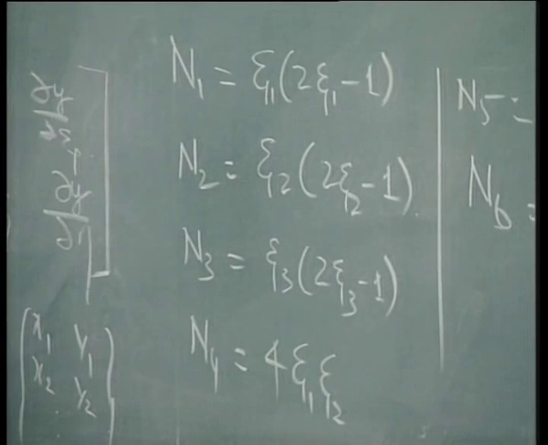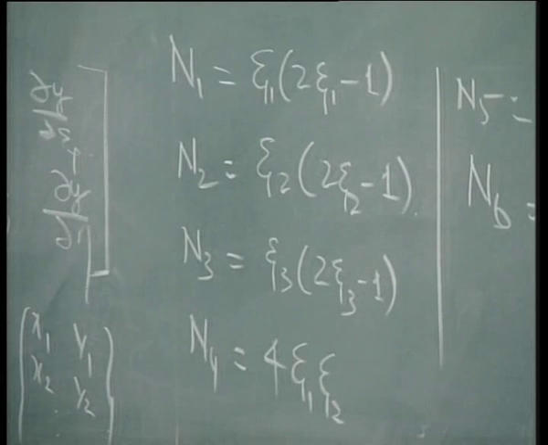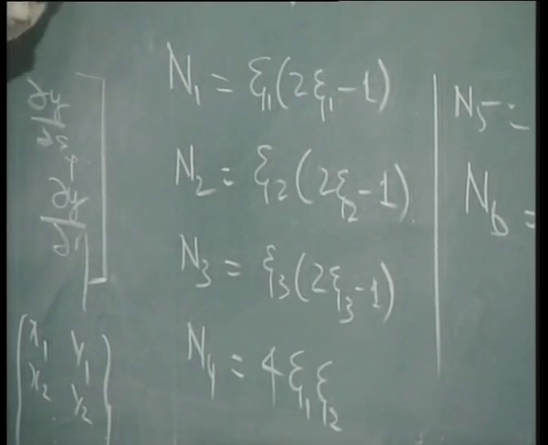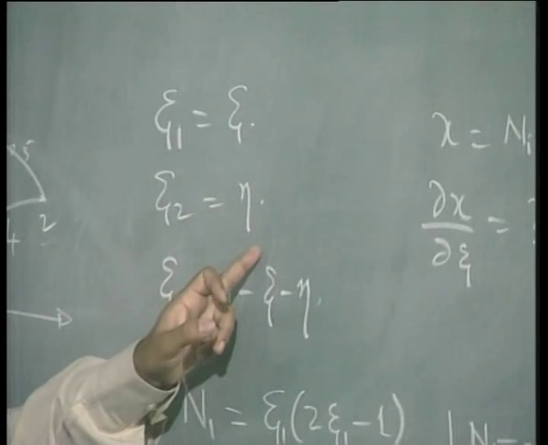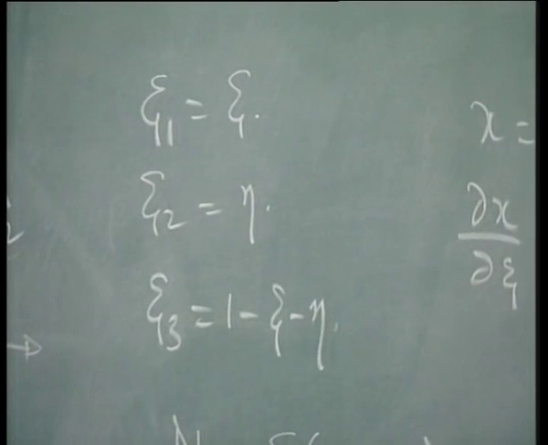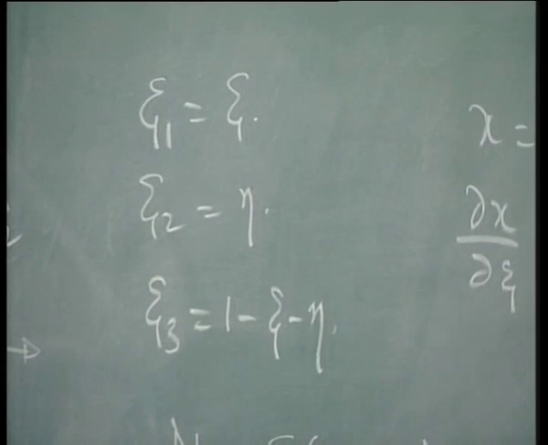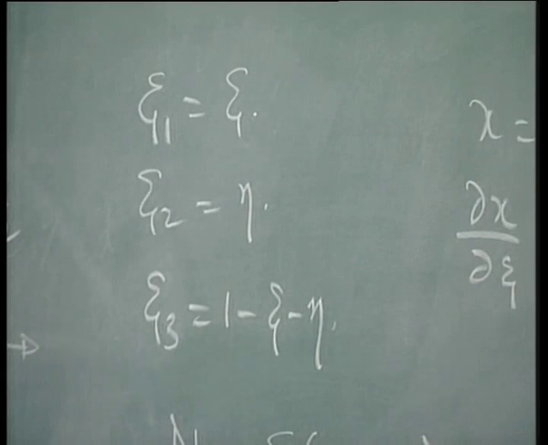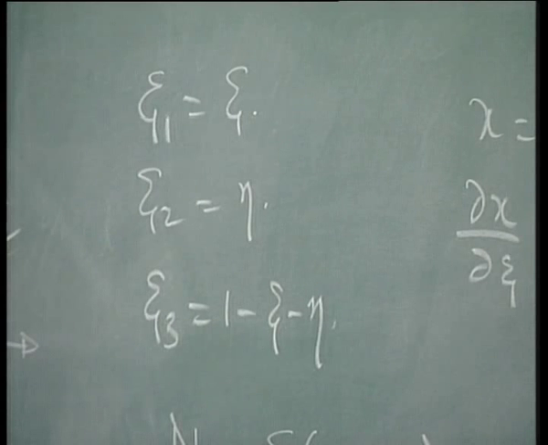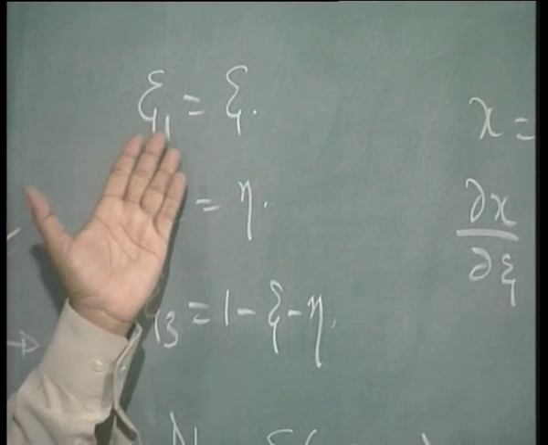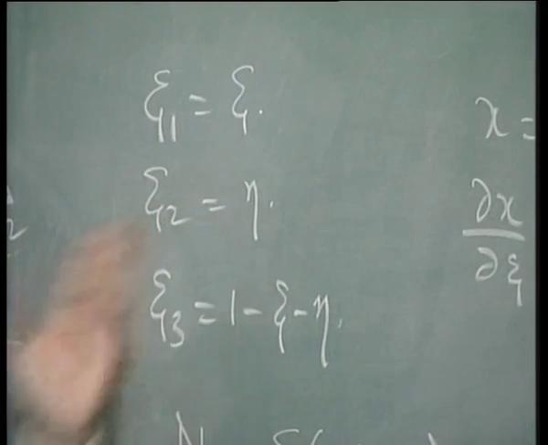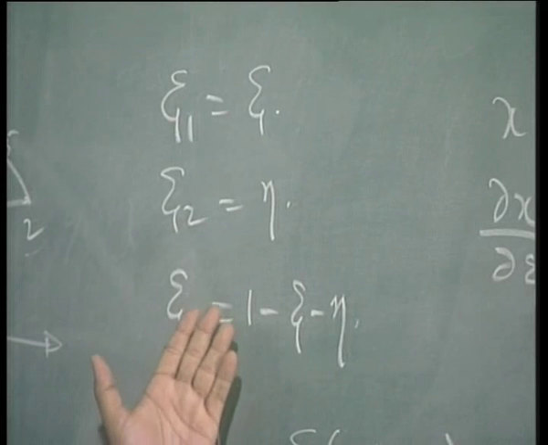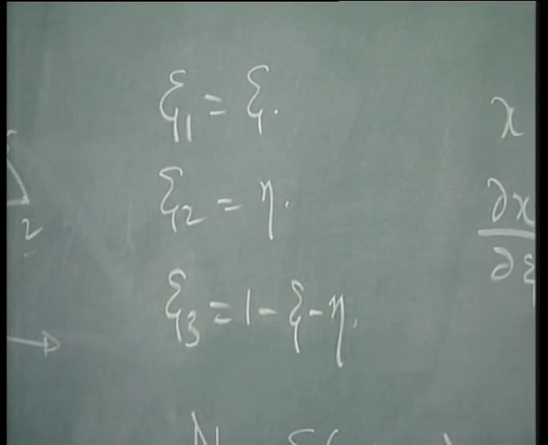The next thing I did was to define psi and eta, with which we are familiar, which is easier to do in a natural coordinate system, because we also pointed out that psi 1, psi 2, psi 3 are not independent, and psi 1 plus psi 2 plus psi 3 is equal to 1. Hence we said let me call psi 1 as psi, psi 2 as eta, and psi 3 is equal to obviously 1 minus psi minus eta.